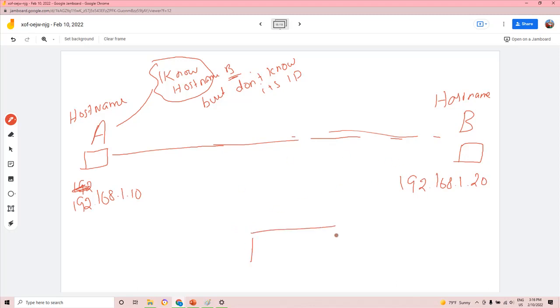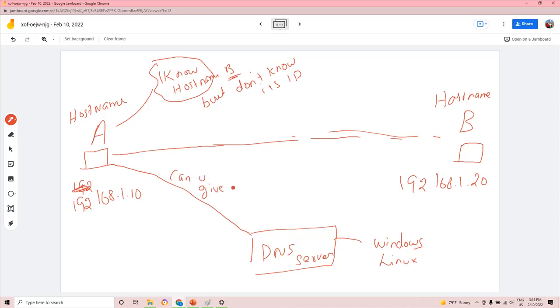So what it does, there will be a DNS server, local DNS server. You can configure using Windows or Linux. So it will send a request: Hello DNS server, can you give the IP of B?